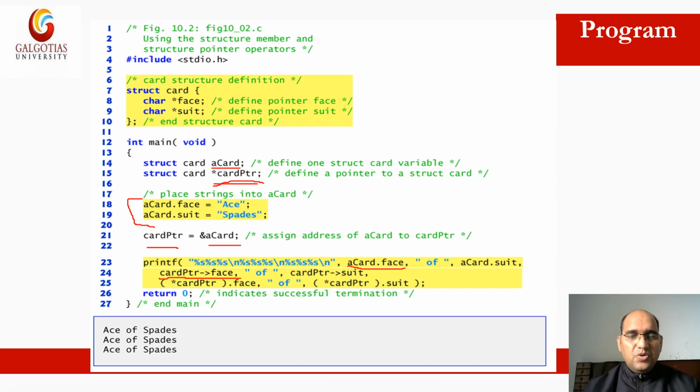So these are the two different ways to access the member of a particular structure. Either you can use the pointer variable or you can use the normal variable, right? So with a normal variable use dot, and with the help of a pointer variable, use the arrow for that. That's it.